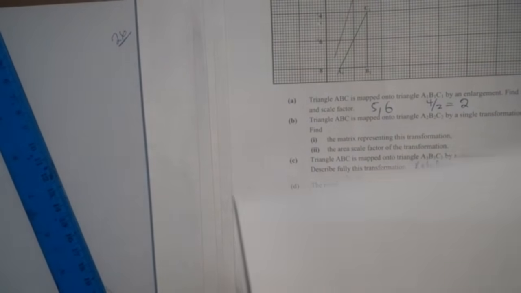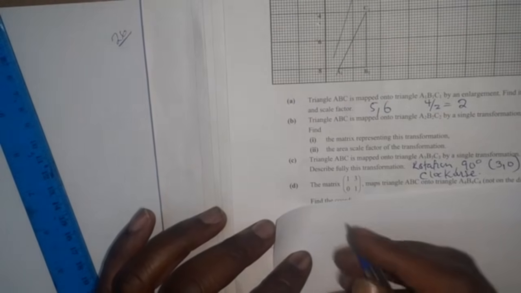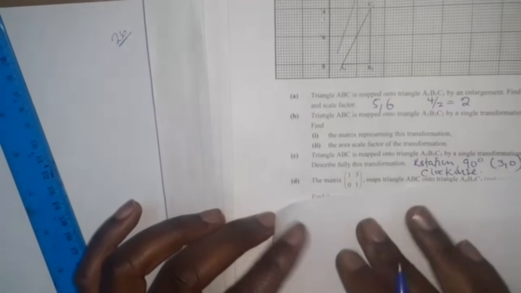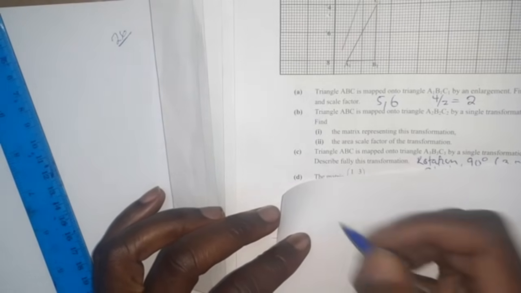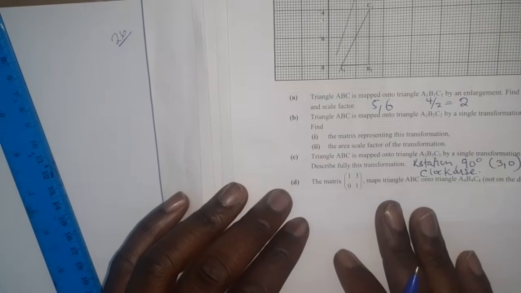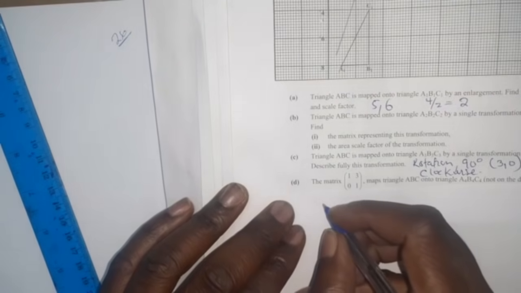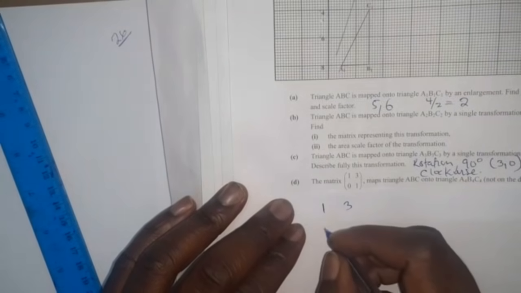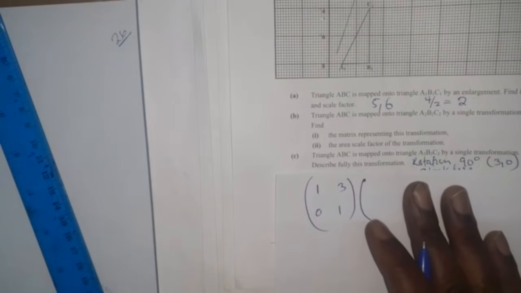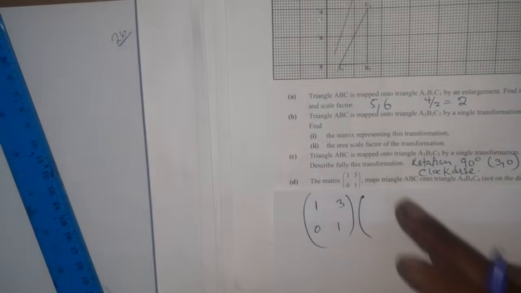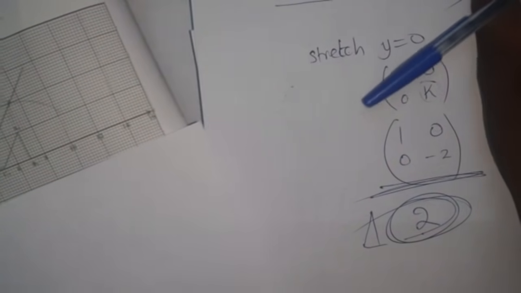What we are supposed to do is multiply this matrix, 1, 3, 0, 1, by the coordinates of triangle ABC. I think I got those coordinates somewhere. Yeah, they are here.